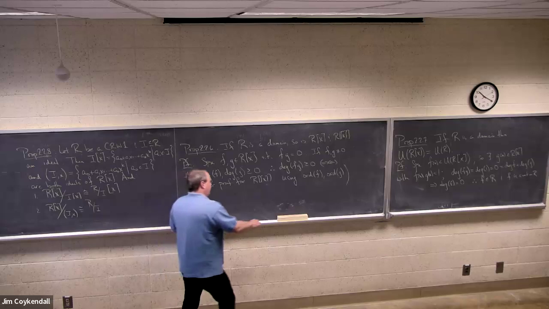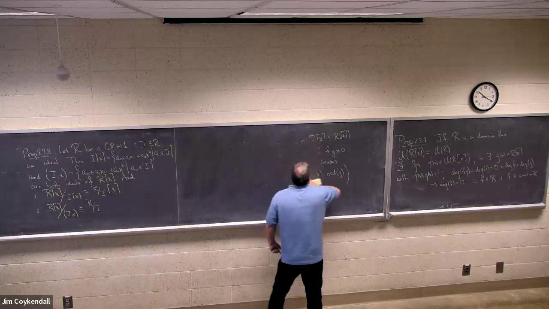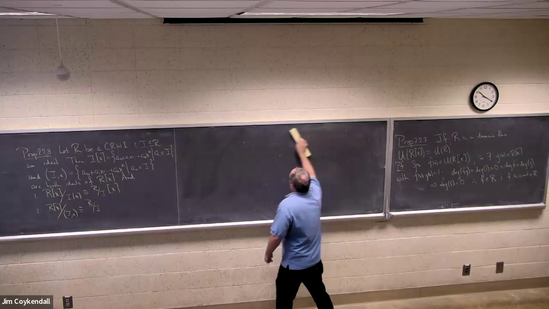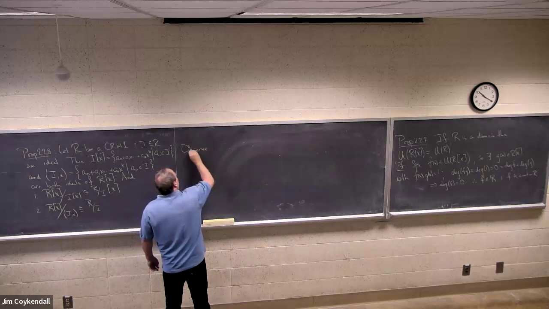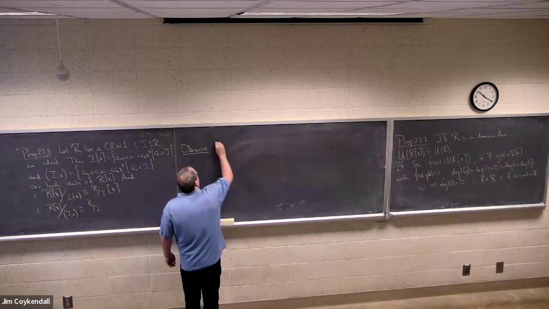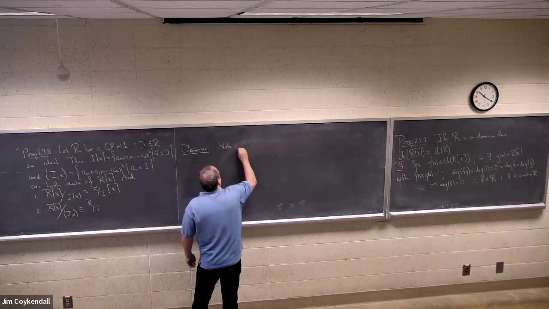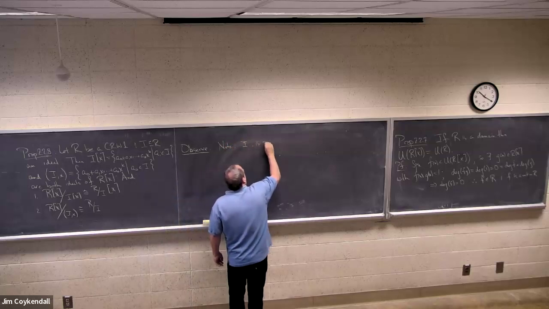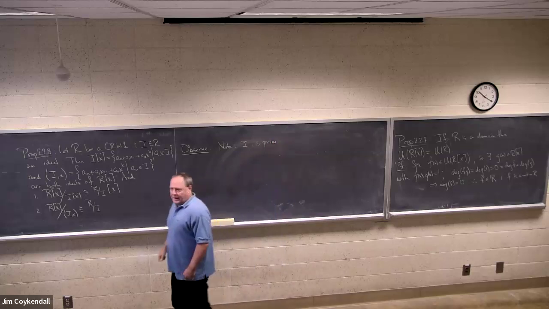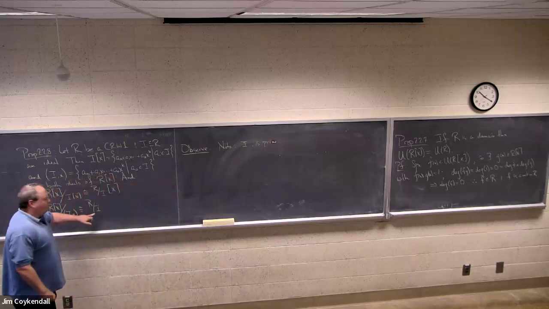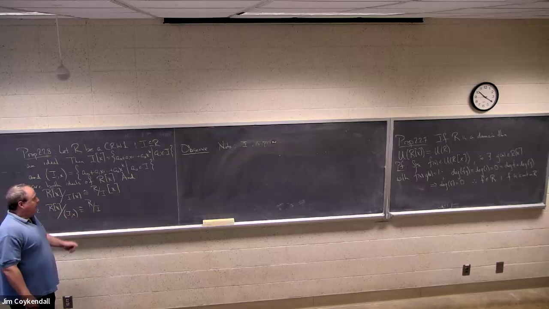So let me make an observation about this. Assuming you don't believe the theorem. Observe that I is prime. Well, what happens if I is prime? Then this is an integral domain, which means that that thing is prime as well.